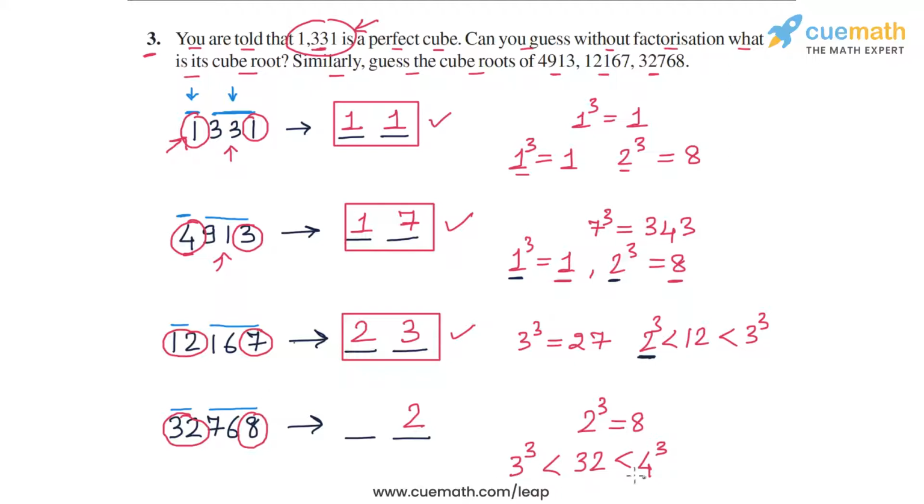The smaller of 3 and 4 is 3, so in the tens digit we will have 3. So the cube root of the fourth number is 32. To summarize, the 4 cube roots are 11, 17, 23, and 32. And this completes question number 3.